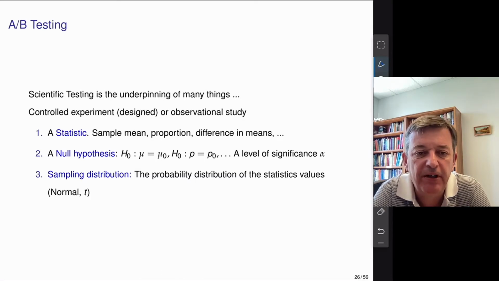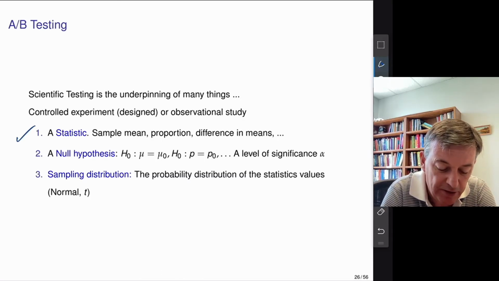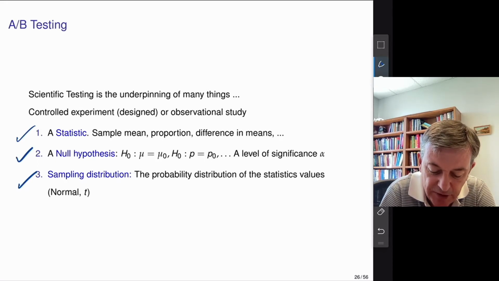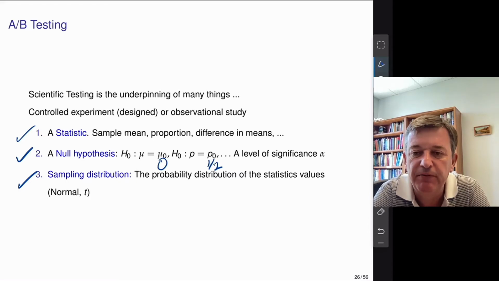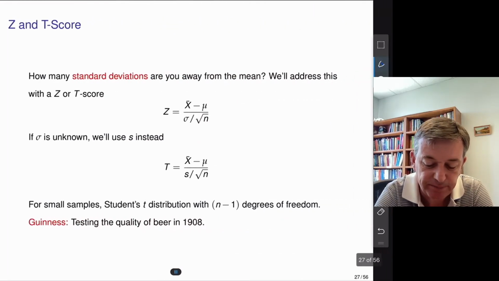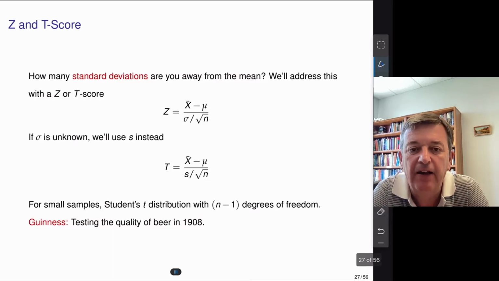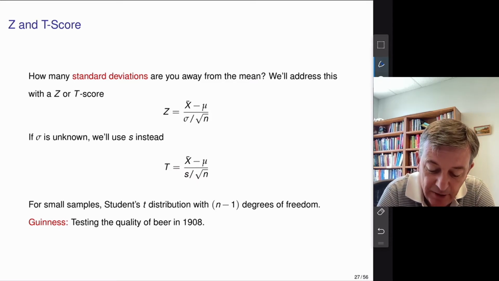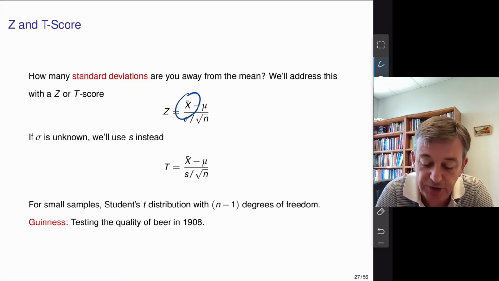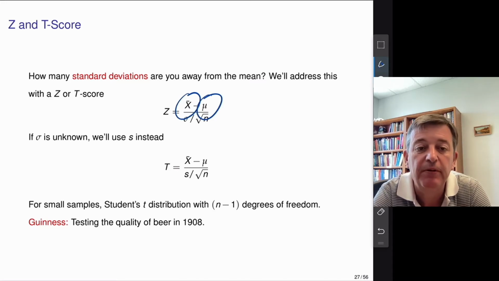So how do you set up A/B testing? There's going to be a statistic. There's going to be a null and alternative. Typically, you're testing to see a mean equal to 0, or you're testing to see a proportion equal to a half, for example. And then there's going to be a sampling distribution of a statistic, a normal or a t. And again, it's basically calculating how many standard deviations the observed is away from your assumed.